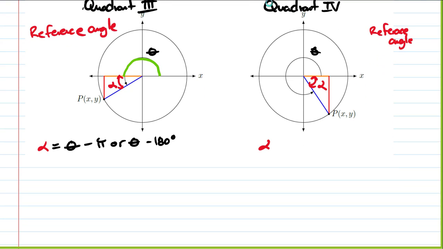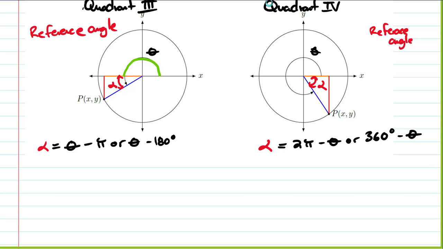So alpha would be what? If alpha plus theta equals 360 degrees, or 2 pi radians, then alpha would have to be 2 pi take away theta, or 360 degrees take away theta. Because if you add them together, you would have to get one rotation around the entire circle.